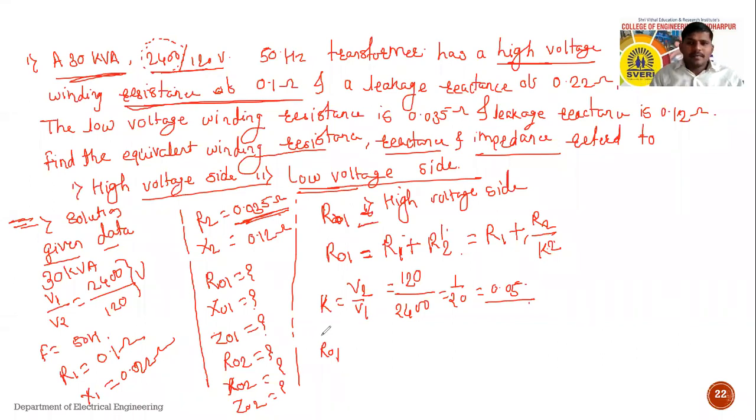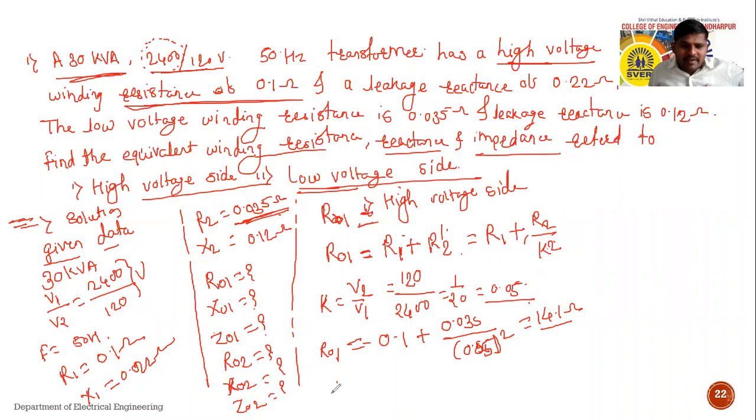Put the values: R1 is 0.1 plus R2 divided by K square, that means 0.035 divided by 0.05 square. What will it be? 14.1 ohm.